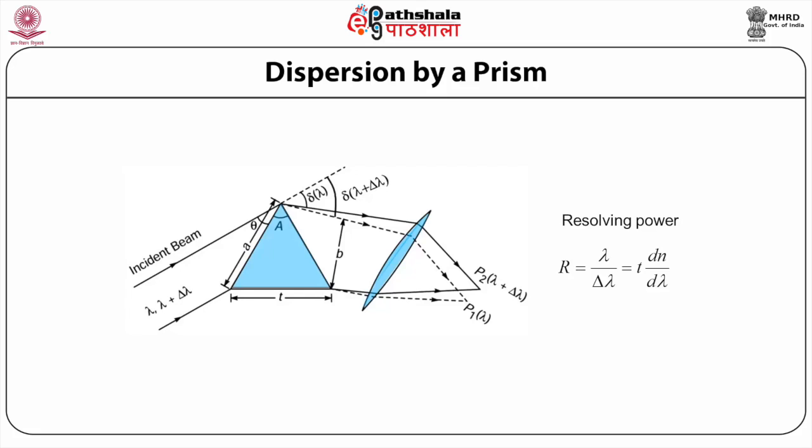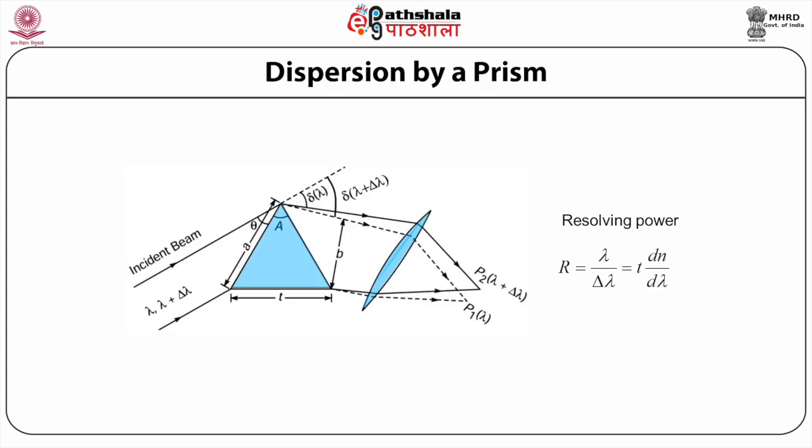In this particular example, it depends on the thickness of the prism and the dispersion. Dispersion is nothing but the refractive index of the medium of the prism versus the wavelength of light. Not for every color, not for every wavelength of light, is the refractive index of the medium the same. It varies as a function of the wavelength.